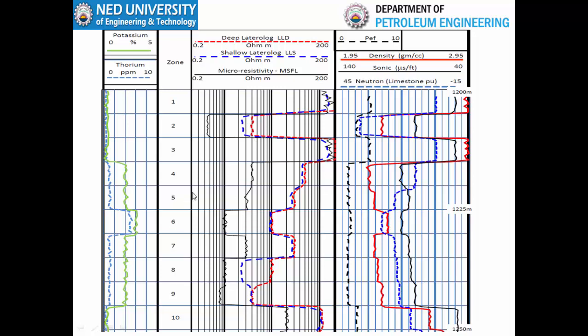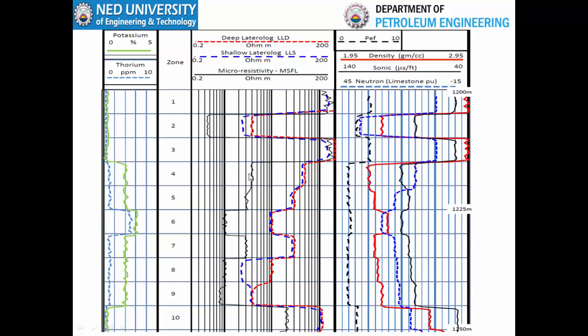For example, if you are asked to read the value of MSFL in zone number 4. So in zone number 4, MSFL is represented through the black solid line. It lies in the second log cycle, and the value is 4 ohm meter.